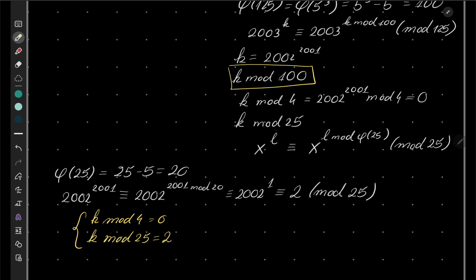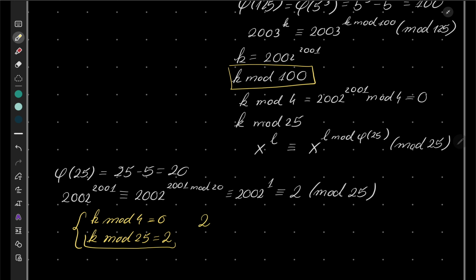Again, by the Chinese remainder theorem, we know that there is only one number between 0 and 100 such that the following two conditions are satisfied. So which numbers should we check? Let's check the second condition. Which numbers are congruent to 2 modulo 25?